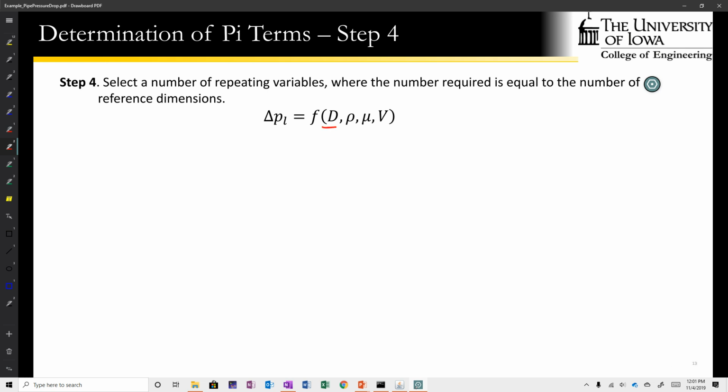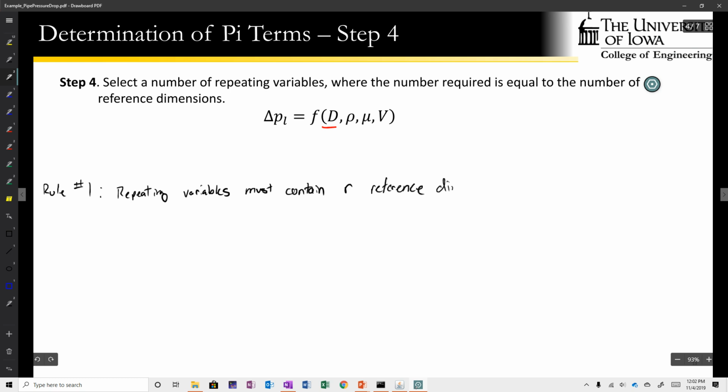Now, let me write down these rules I sort of told you a moment ago. Rule number 1, repeating variables must contain all R dimensions. Rule number 2, the dimensions of our repeating variables must be independent.